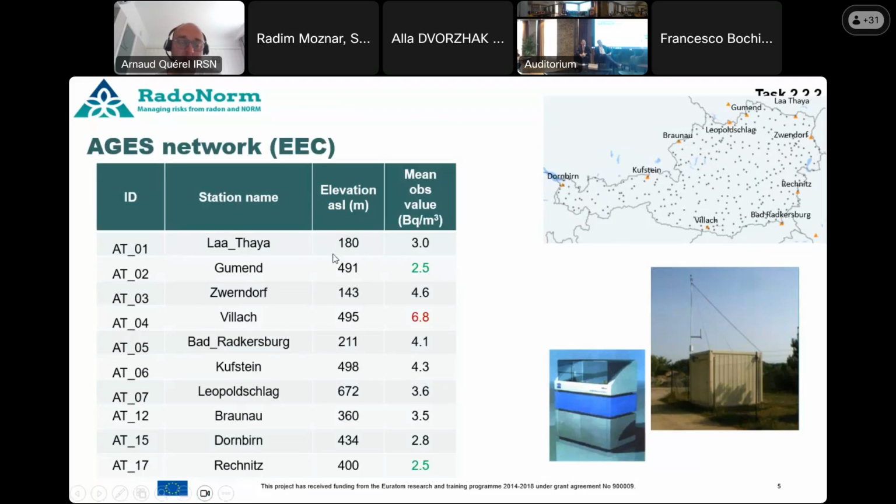These stations have very different neighborhood elevations, and you can also see the mean value for the year 2021 of outdoor radon concentration measured at these stations. It goes from a lowest value of 2.5 becquerel per cubic meter as a mean for the whole year, up to 7 becquerel per cubic meter of radon in Villa.